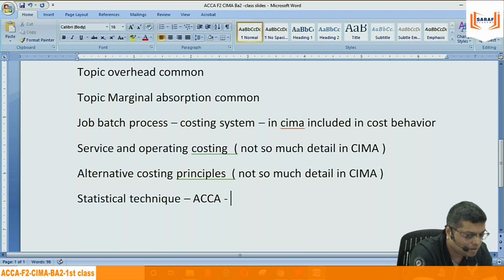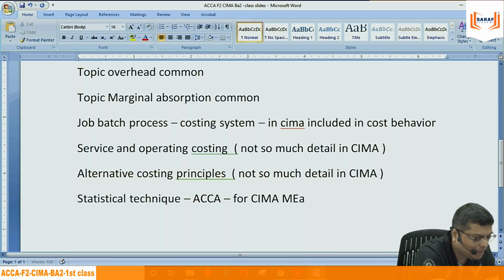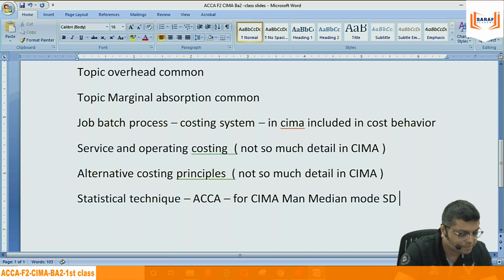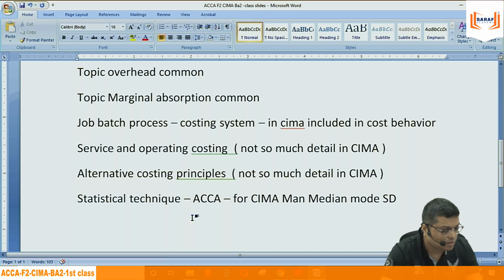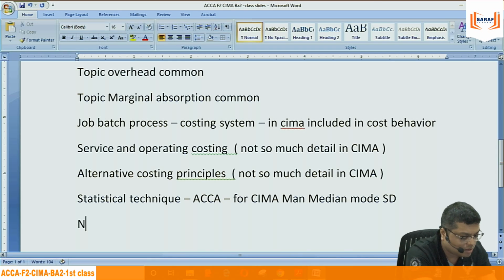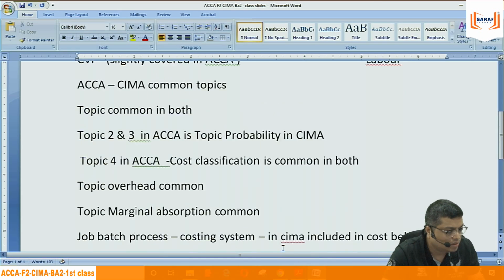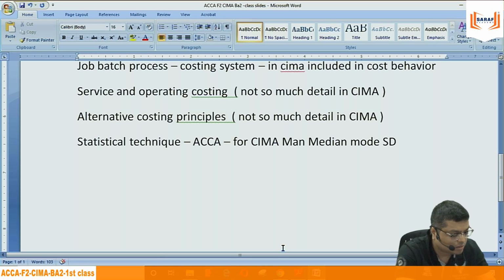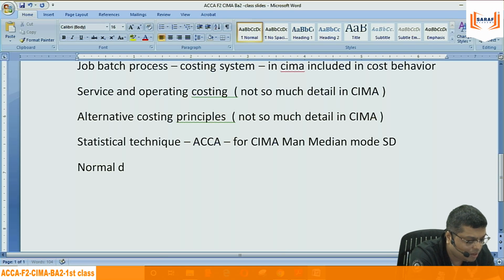For CIMA: mean, median, mode, SD, then normal distribution.